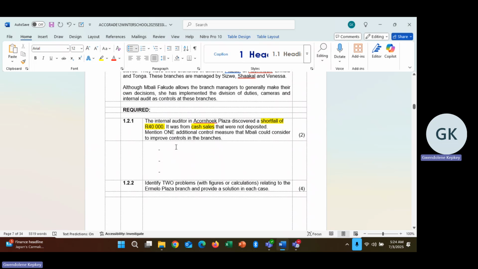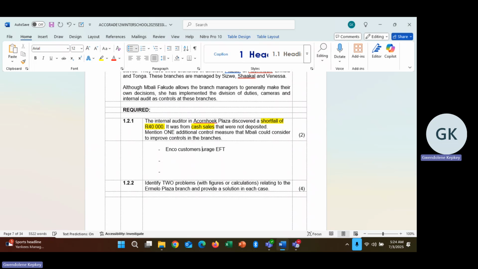Now, cash becomes tricky or dangerous because it is, first of all, not safe. So what can we put in place to avoid having large amounts of cash on the premises or having to deposit the money? In today's life, things are faster, more efficient, and we can use electronic methods. So the first answer here would be you would encourage your clients, or your customers, to pay via EFT.